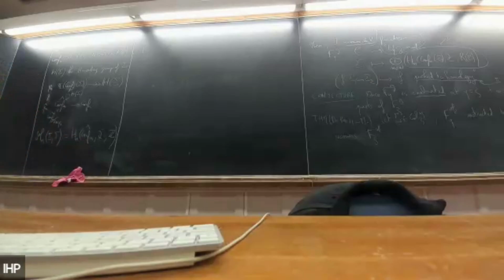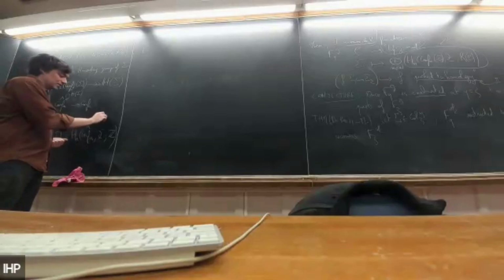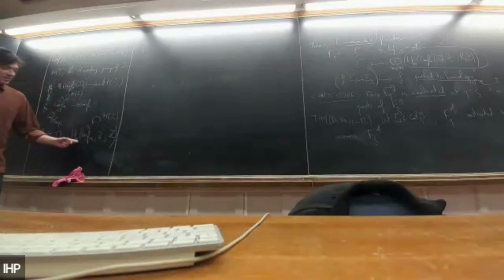The point is that this is the homology of the cover, but on this you have a natural action of H of sigma. So this is not only an abelian group, you can see it as a module over this.